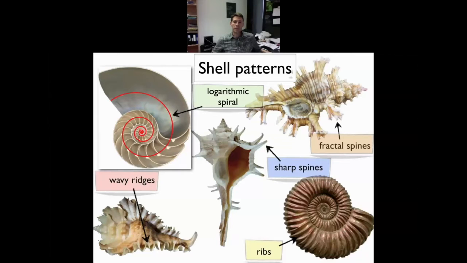So one of the things we really are interested in is what are called ornamentations. These are features on top of the smoothness of the shell. So the ribs down here, these sharp spines, and in some cases fractal-like structures or wavy ridges, as you see in the bottom left.